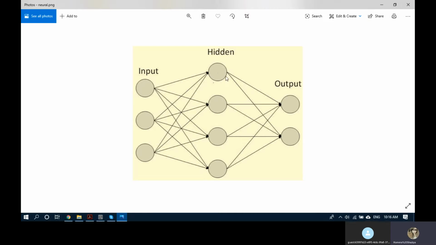Furthermore, this result is passed on to this with some kind of computation by using the weights. This process continues. In deep neural networks, you have hundreds of hidden layers in between input and output.